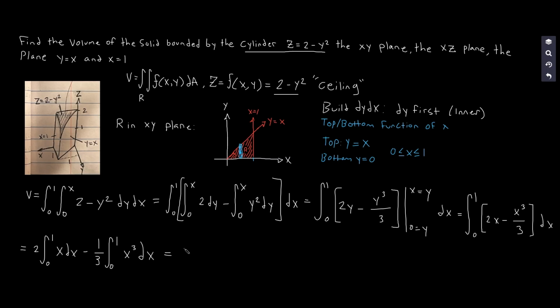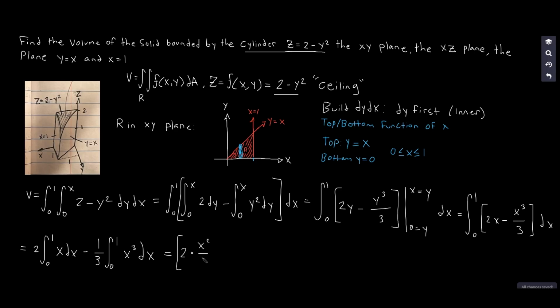Now this is going to be 2 times x raised to the second over 2, and I'm just going to put this in brackets because I am going to be putting an evaluation by the end.